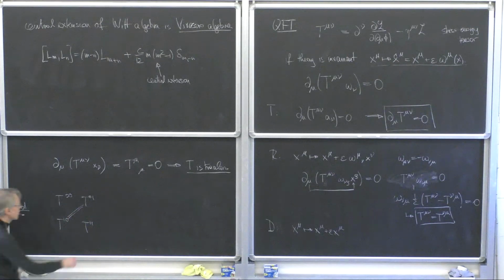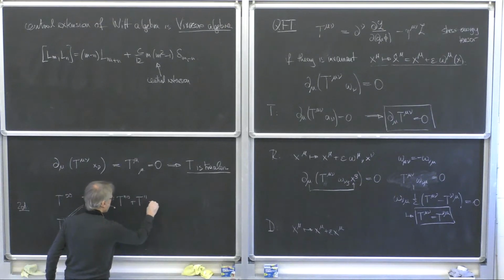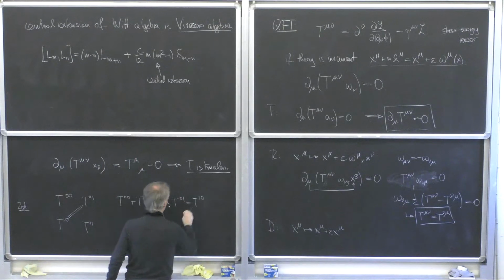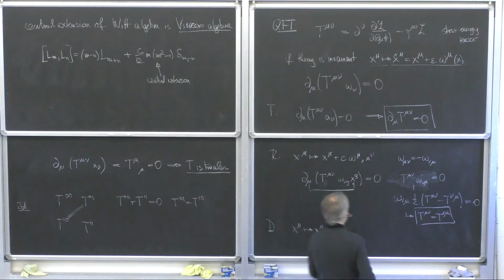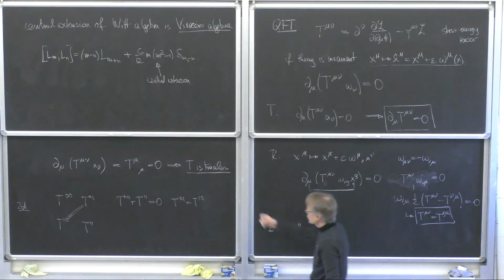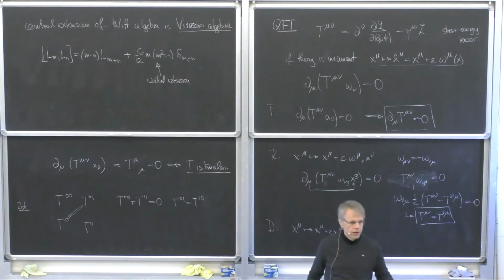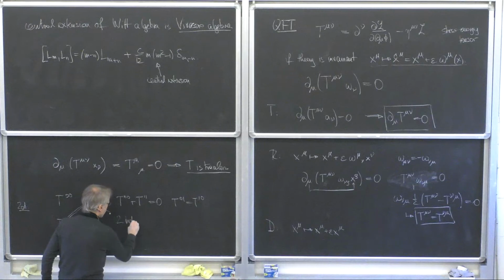So we have T00 plus T11 is equal to 0, and we have T10 is equal to T01. So this comes from the symmetry, which comes from the rotations. The tracelessness implies that this is true. So what this tells you, there are only 2 independent components in 2 dimensions.